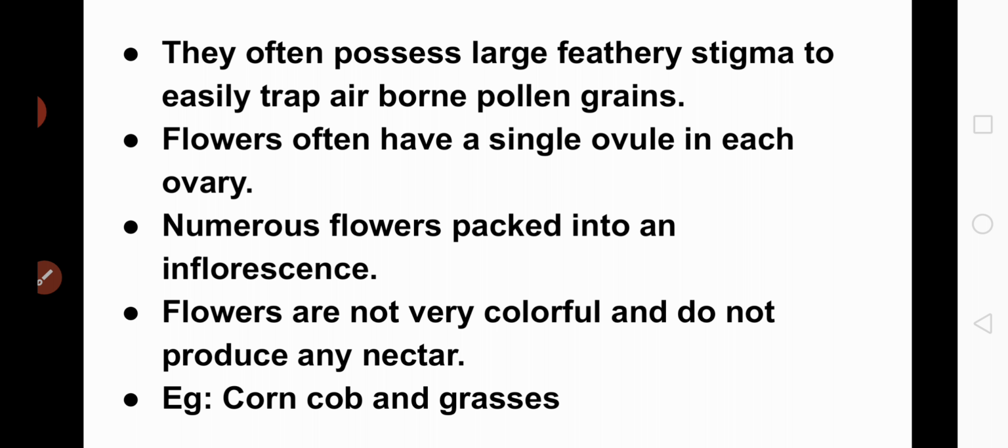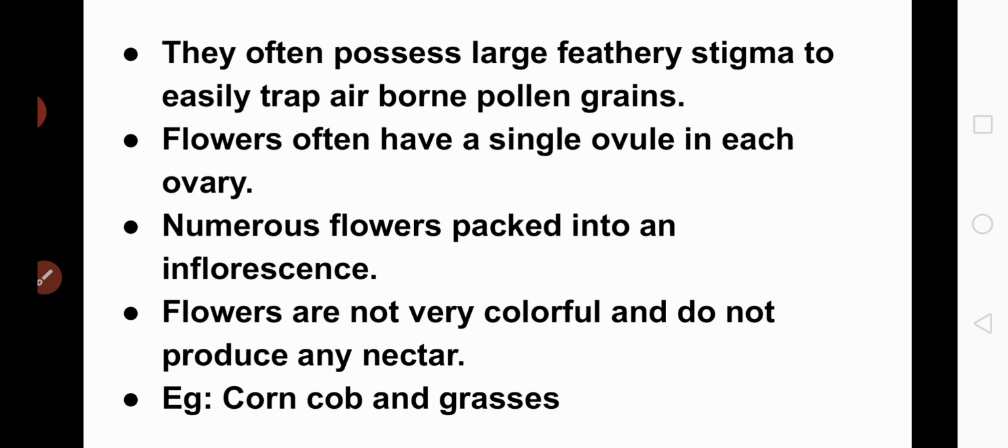So, why do these wind pollinated flowers have a single ovule in each ovary? Because due to the variation in wind speed, the pollen losses are high, so the chances of multiple pollen grains being dispersed onto the stigma are very less. Thus, wind pollinated flowers have a single ovule. Is that clear?